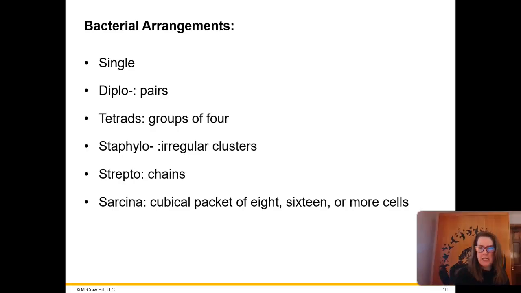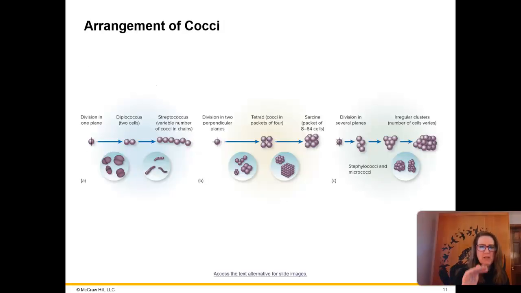So let's take a look at what this can look like. We have three figures here, so separate them in your mind, A, B, and C. In A, it's essentially showing us that when you have division in one plane, then you're going to get either diplococcus or you're going to get a strand. So they're just dividing in one plane. So think about X, Y, and Z. So in plane X, or actually, I guess that's Y. In figure B, we have division not only in that Y plane, but the X plane.